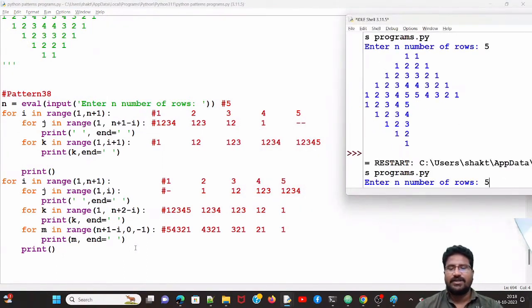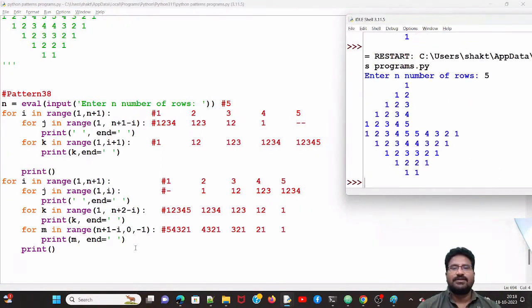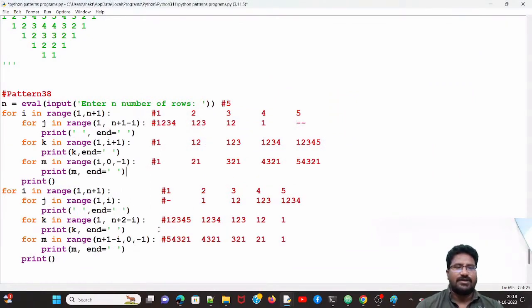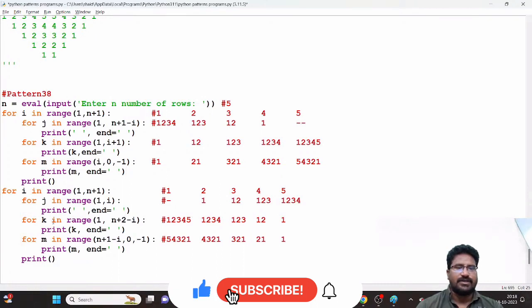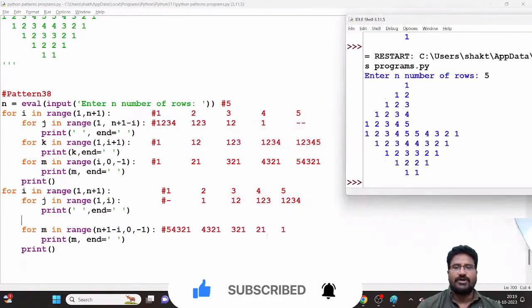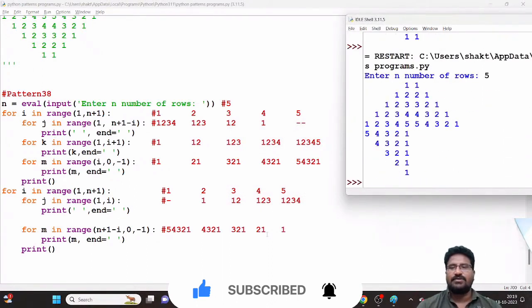Then what happens here, the top one will not come, right? The top one will not come here. Okay, and suppose next one, let's remove this k, then run the program. Then you can see now.